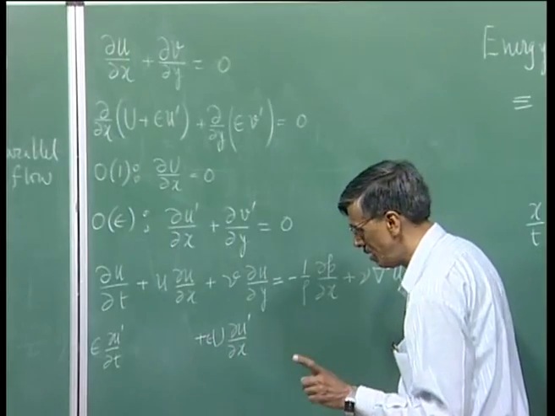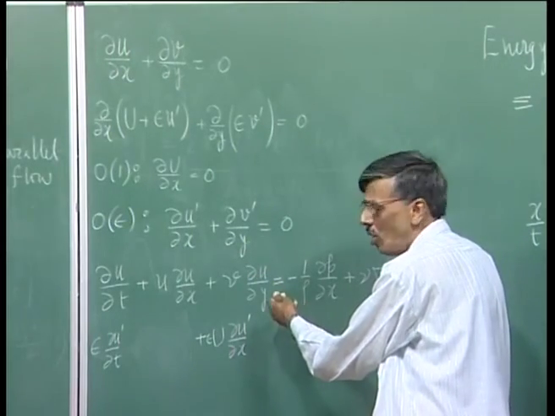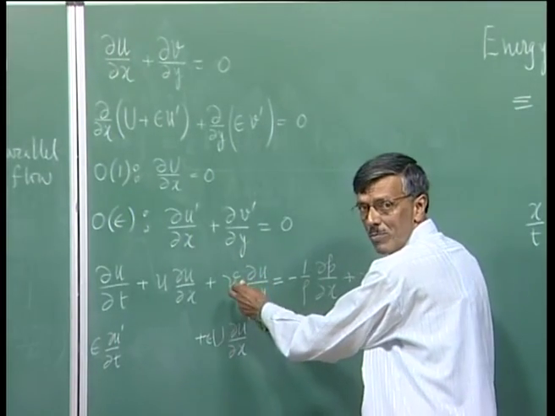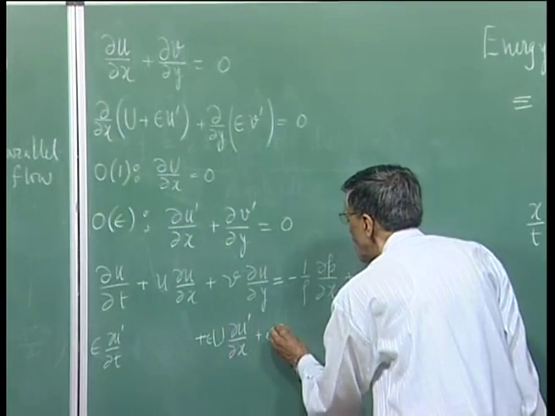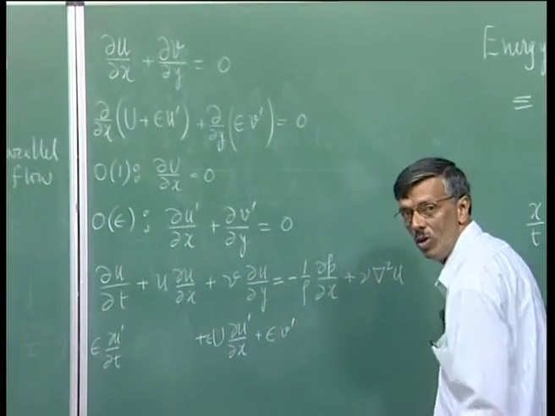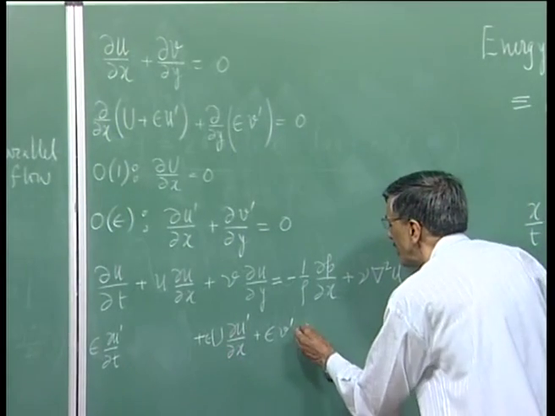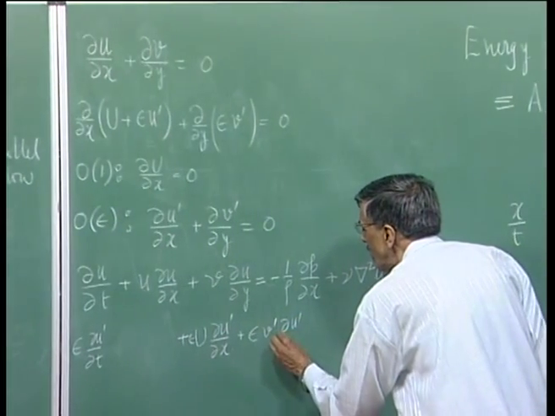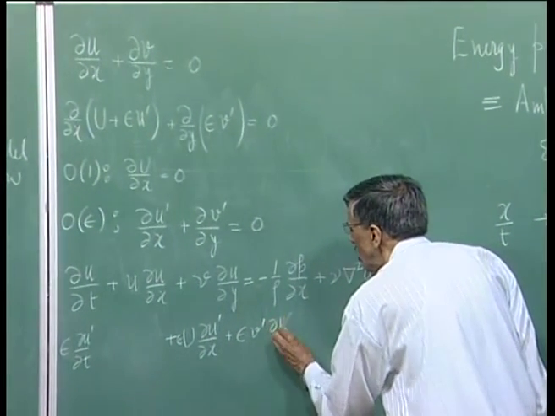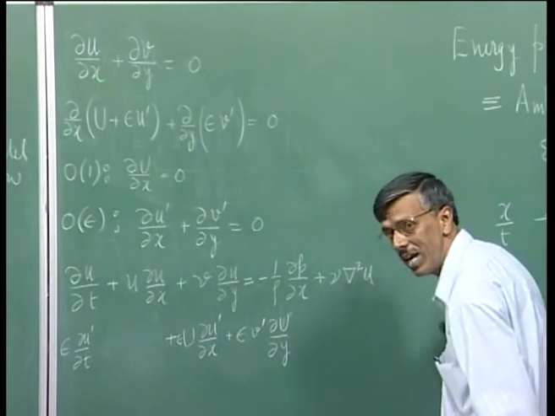The order 1 term doesn't exist. The order epsilon term will be epsilon v prime. What about this? We'll get only the mean flow term coming, that is our order epsilon term. So that is your del u, sorry, del u del y. That exists, right?